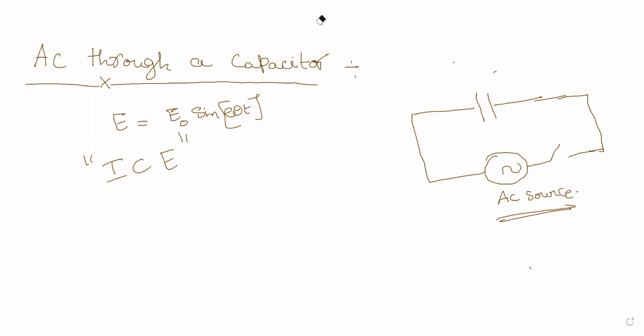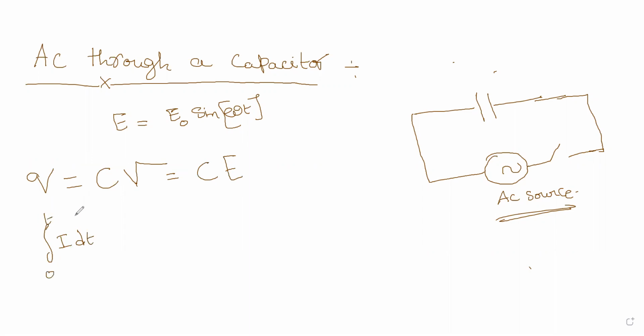Now, we know for a capacitor Q = CV. This we know very well. So what is V here? The potential difference, so we write C into E. And now Q is what? Integral of I dt, from 0 to t, because we know that current is dq by dt.